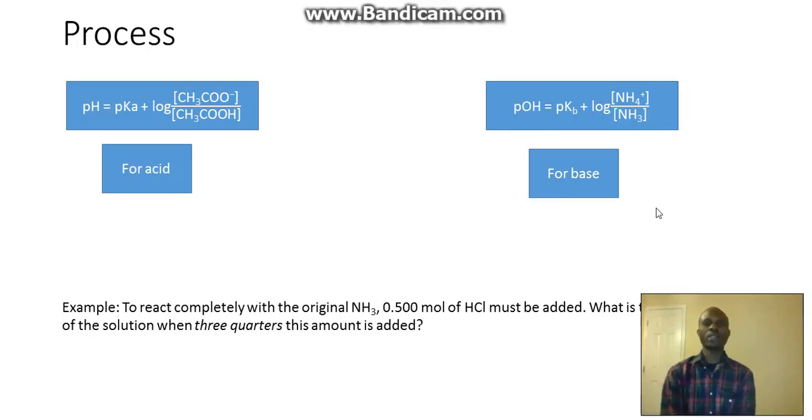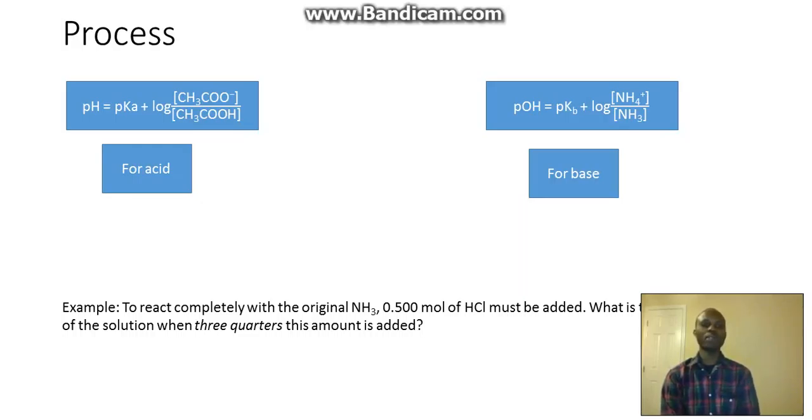So let's see if we can work on an example. To react completely with the original NH3, in this case, let's say we have 0.5 molar of NH3. So we need 0.5 mole of acid to be added.